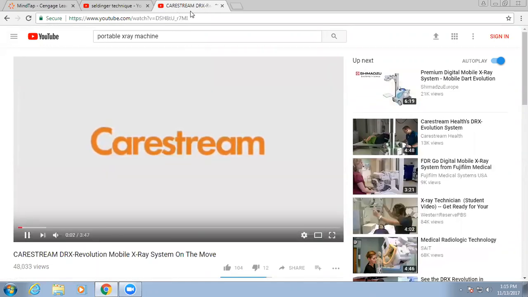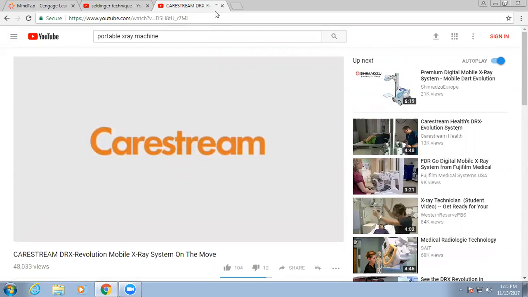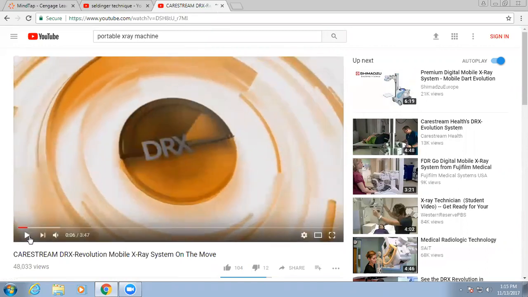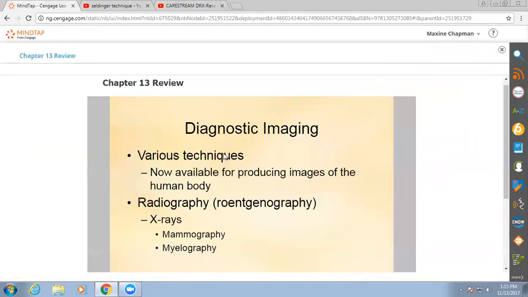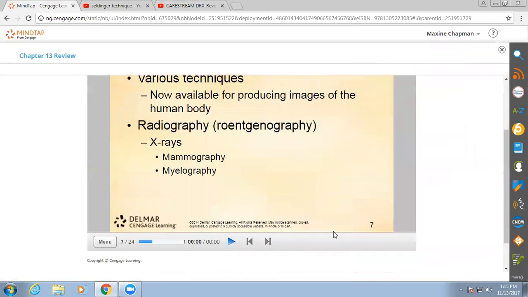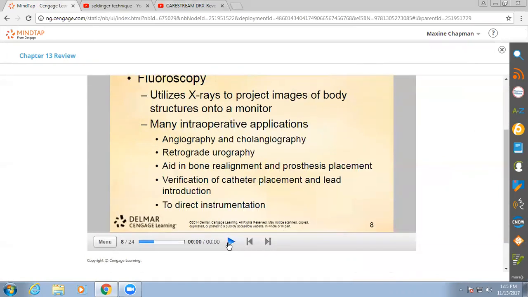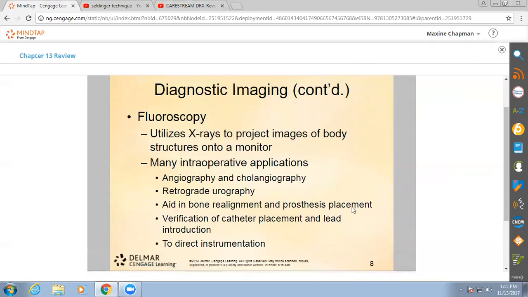So fluoroscopy utilizes X-ray to project images of the body structures onto a monitor.